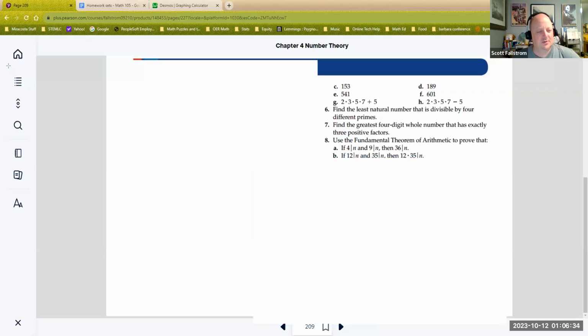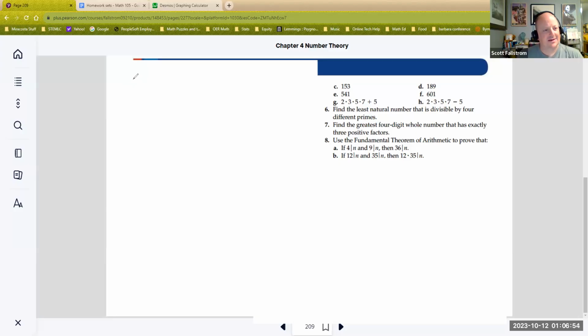So when you are working with these theorems, the piece to think about is that the fundamental theorem of arithmetic says that you can write the prime factorization of a number exactly one way if you put the primes in order from smallest to greatest.